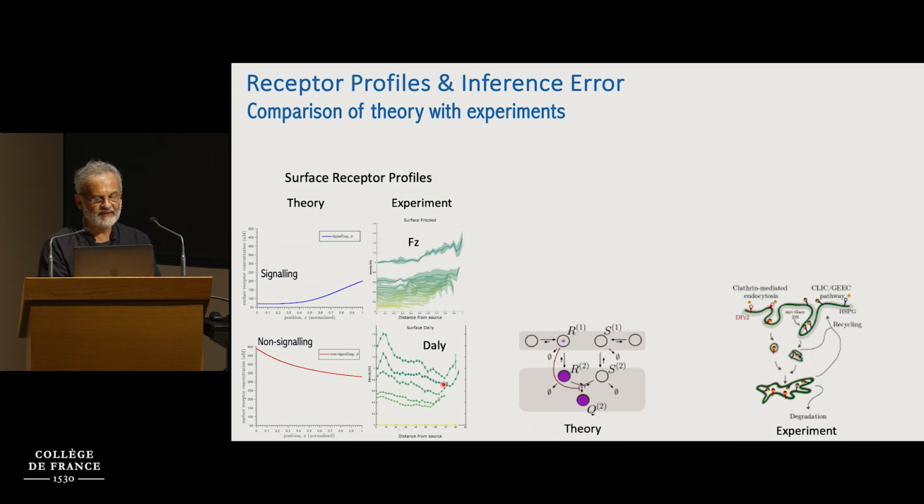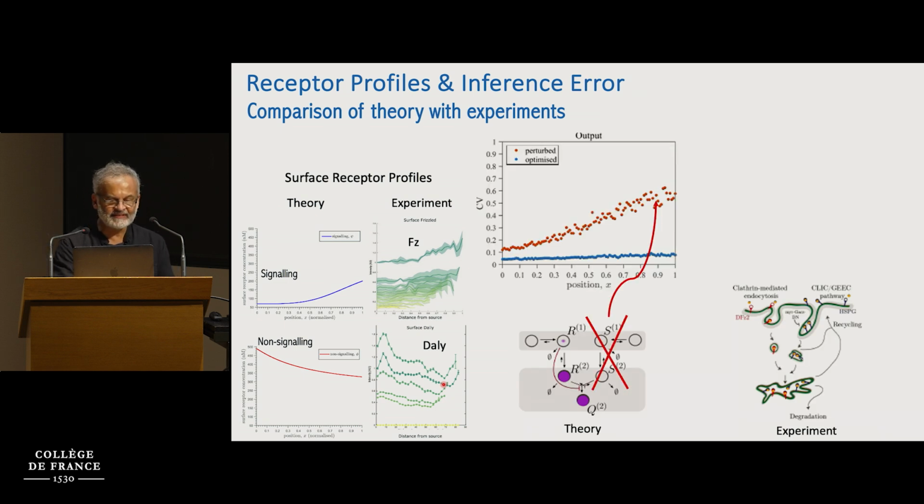Further, what Krishnan could do is that numerically, he could get rid of this particular branch, and the prediction would be that the wild type would be in blue, very low inference error. The moment you get rid of this branch, the inference error increases. Here, we are taking the coefficient of variation of the output as proxy for the inference error.